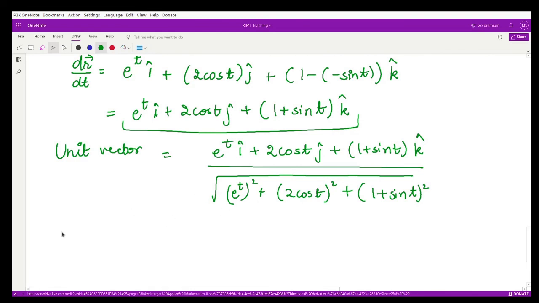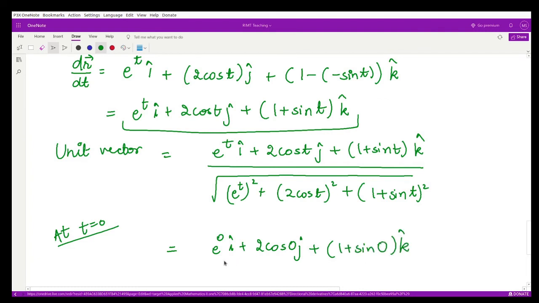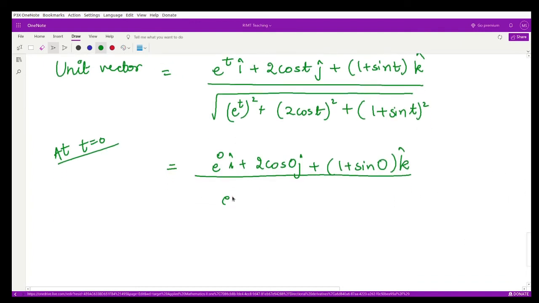When you simplify this, moreover we are to calculate this at the point t is equal to 0. Remember, in the question we are given t is equal to 0. Therefore this unit vector becomes e to the power 0 i cap plus 2 cos 0 j cap plus 1 plus sine 0 k cap. This is the above vector, and in the denominator we have the square root of e to the power 0 whole square plus 2 cos 0 whole square, and then 1 plus sine 0 whole square.